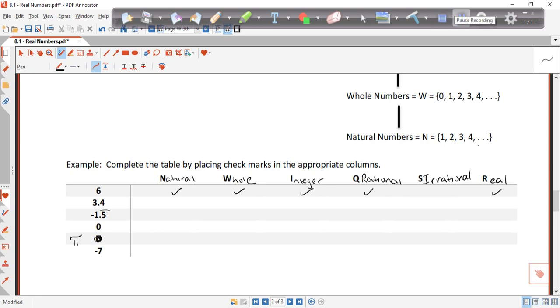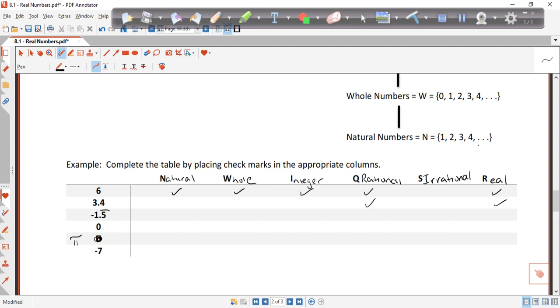3.4. 3.4 is not a natural number because that's our counting number. It's also not whole, and it's not an integer because it has the decimal. However, it is rational because it terminates, and it's real.